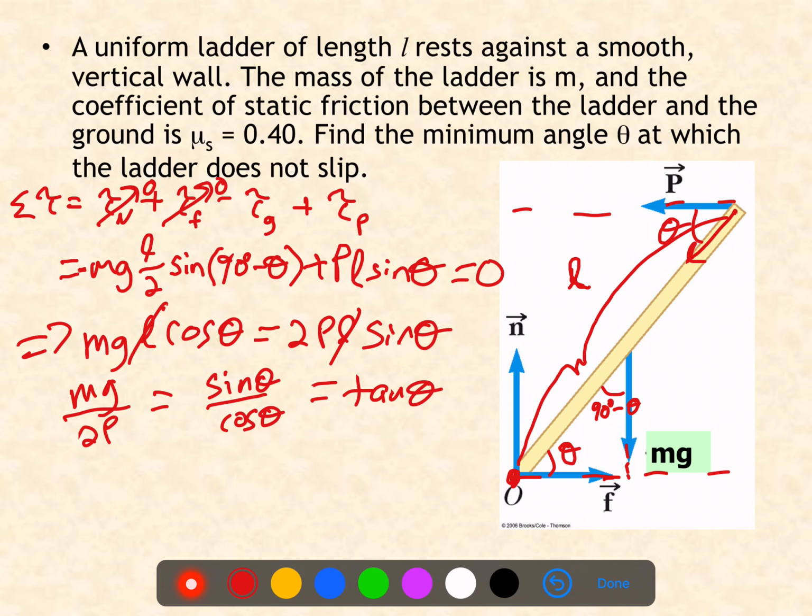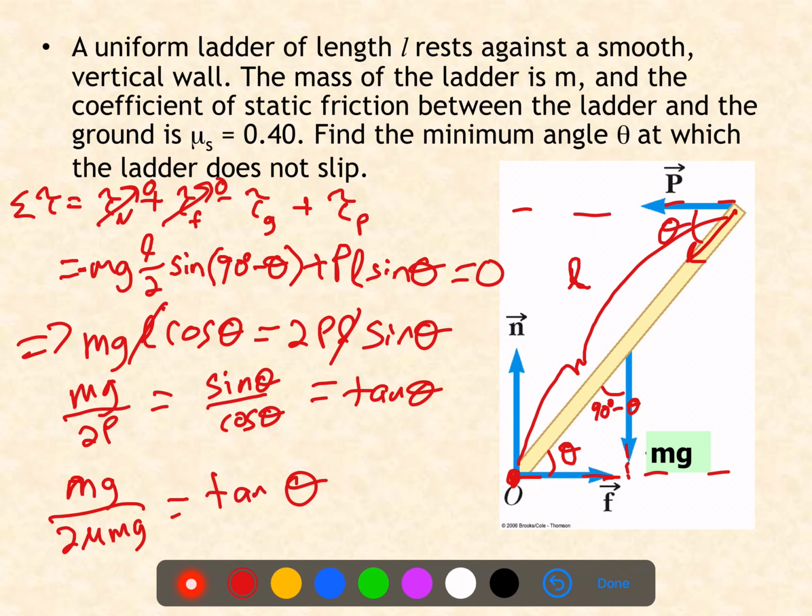Now, based upon what I learned earlier from Newton's laws, this P was going to be equal to the frictional force, right? And I concluded that the frictional force was mu times the weight force. So I can make that replacement here, that mg over 2 mu mg equals tangent of theta.